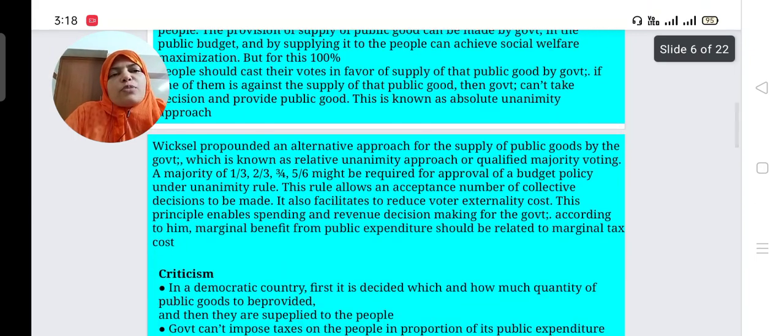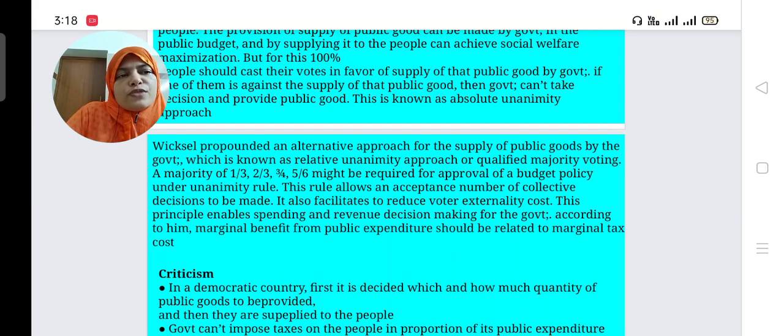Then Wicksell propounded an alternative approach for the supply of public goods by government, which is known as the relative unanimity approach or qualified majority voting. A majority of 1 by 3, 2 by 3, 3 by 4 or 5 by 6 might be required for approval of a budget policy under the unanimity rule.